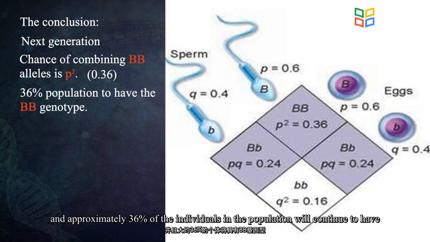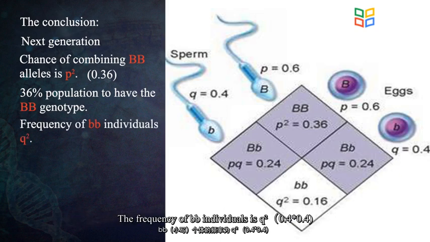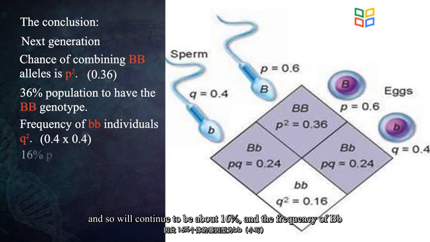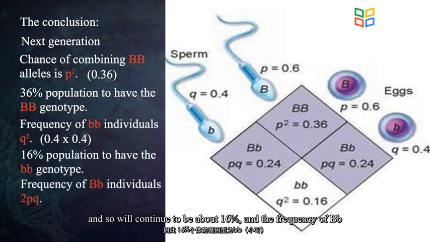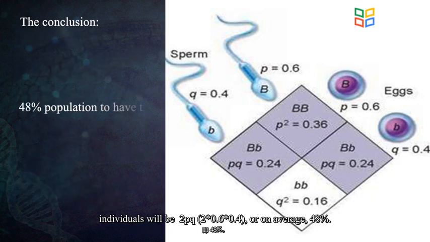And approximately 36% of the individuals in the population will continue to have two uppercase B genotype. The frequency of lowercase bb individuals is q squared, 0.4 times 0.4, and so will continue to be about 16%. And the frequency of Bb upper and lowercase individuals will be 2pq, 2 times 0.6 times 0.4, or an average 48%.